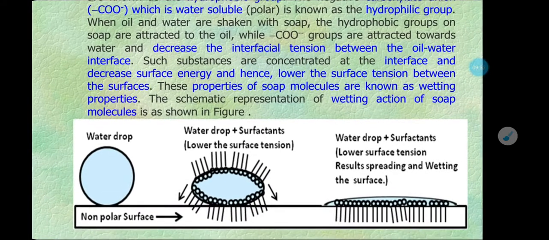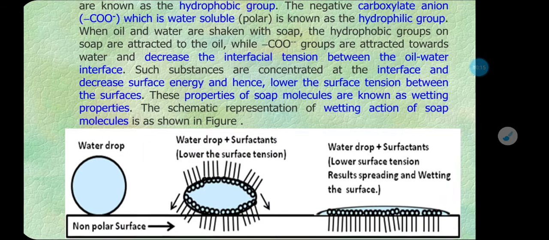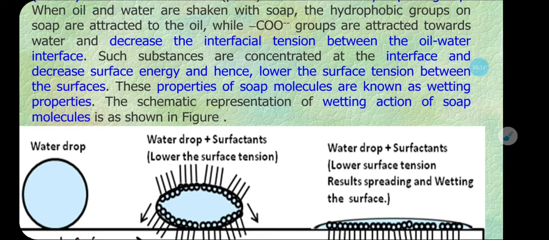So this property of soap molecules is known as the wetting property. I will try to explain it by a schematic representation of the wetting action of the soap molecule as shown in the figure, so that the picture will be more clear.